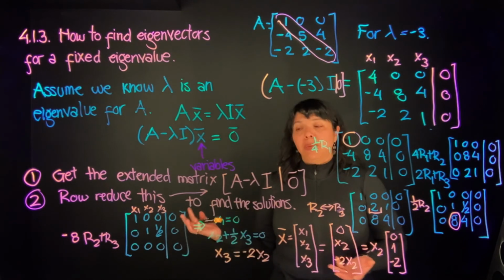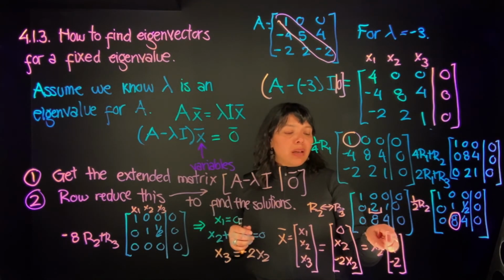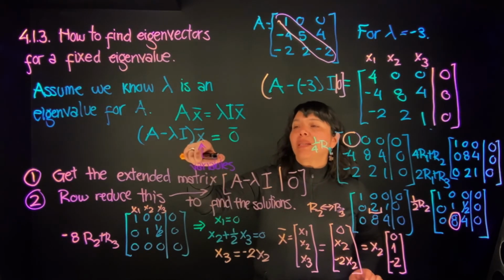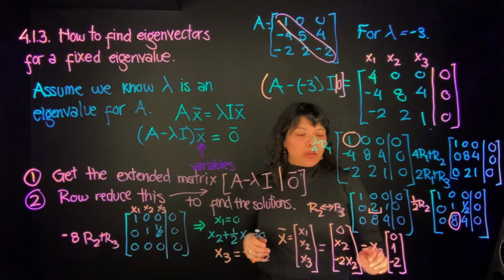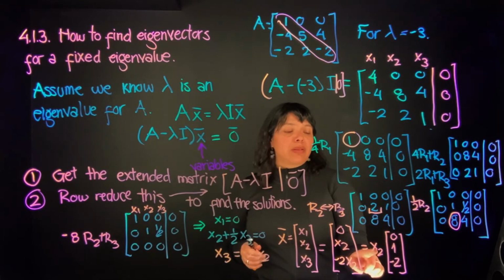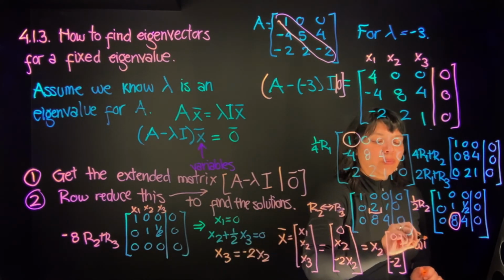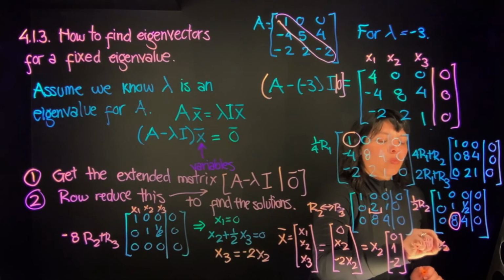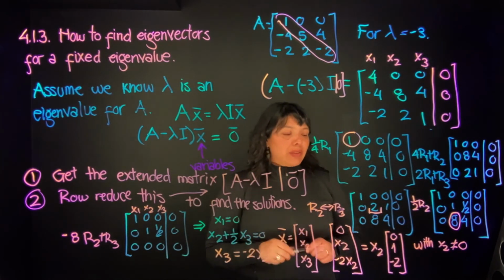And that makes sense, because eigenvectors will always give you not just a unique solution, but a set of infinite solutions. So for any value of x2 that you can think about, different than 0, let me write that here, those are going to give you eigenvectors.